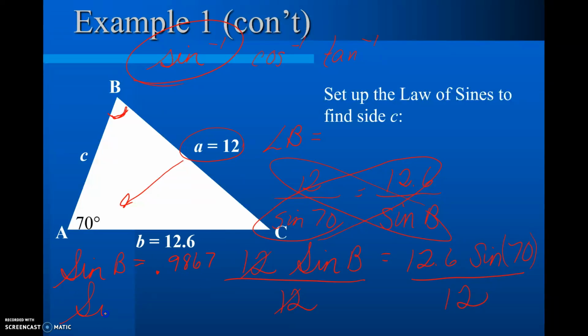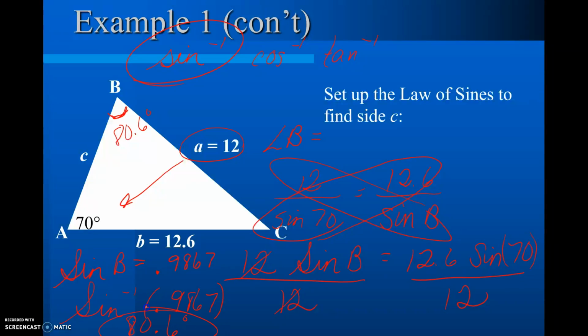So to figure that out, we do sine negative 1 of that ratio, 0.9867. So second sine in your calculator, 0.9867 equals 80.6. The reason that is 0.6 is because this ratio continues and we didn't put it all in there, but we see that it gives us something real close to that 80 that we saw earlier.